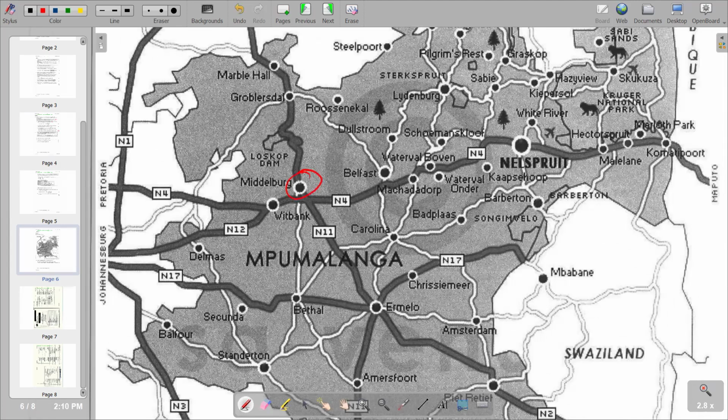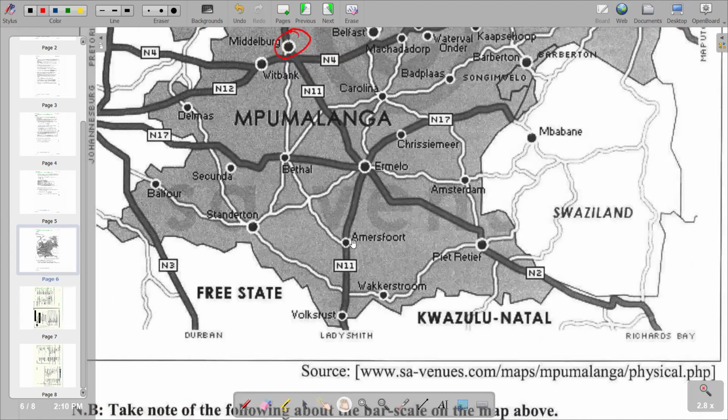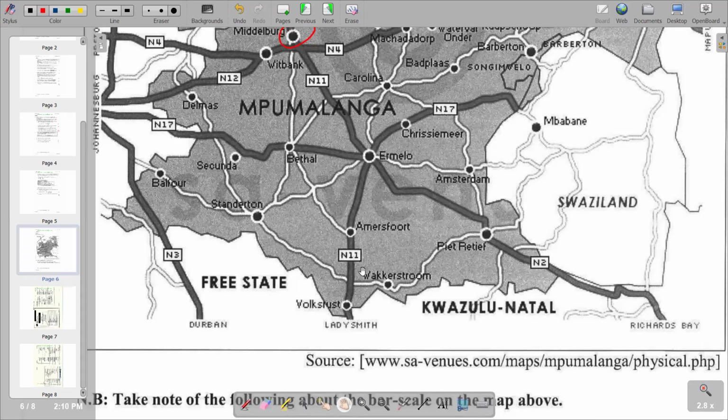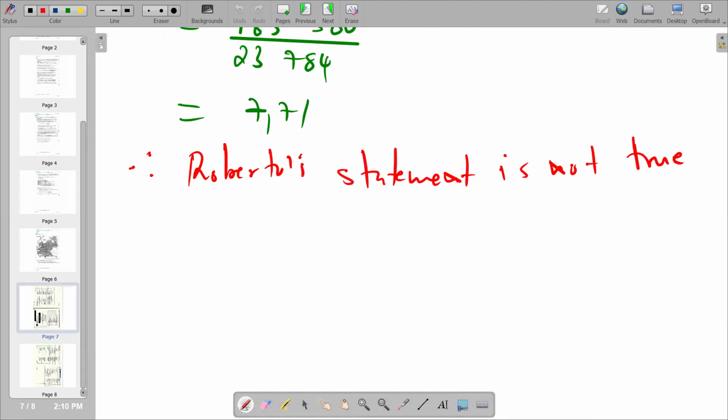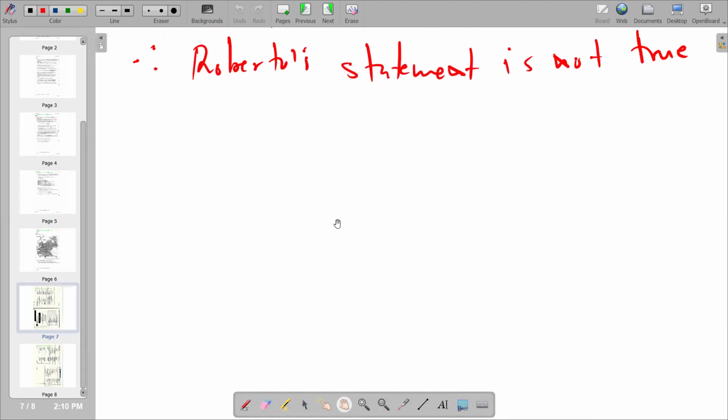That's where we've got Middelburg. Then Volksrust, we can try to see where we can get it. We have it here. So the distance between the two is what you need to measure. If you measure it, you are going to get 6.7 centimeters.